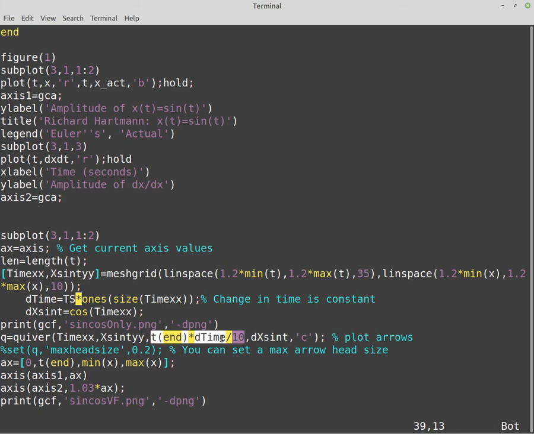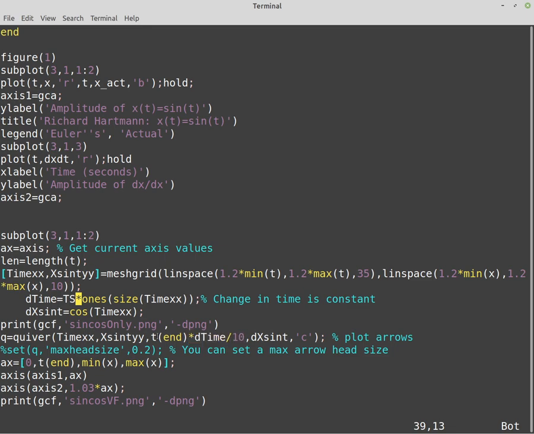When you first plot it, it automatically decides the size of the arrows based on your derivative in the horizontal direction and your derivative in the vertical direction, and you want those to be consistent. So I'm scaling the time one a little bit to make it consistent with the vertical direction, the dependent axis piece. This shows you how fast it's changing in the vertical direction, and this shows you how fast it's changing in the horizontal direction.